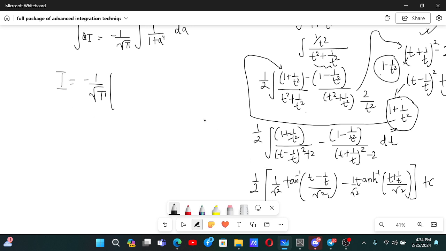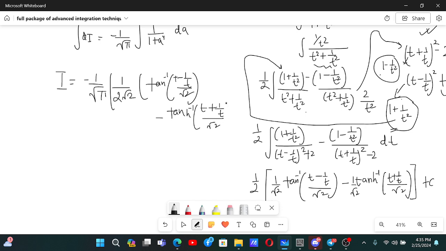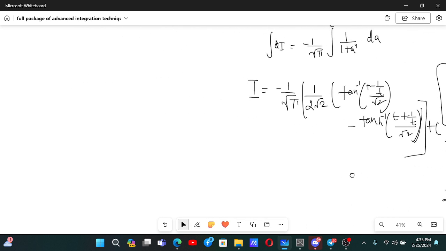Now this is 1 by 2 root 2, and then tan inverse t minus 1 by t by root 2 minus tan h inverse, oh this is t, sorry for that, t plus 1 by t by root 2, and then plus c. Now our job is to find the plus c.